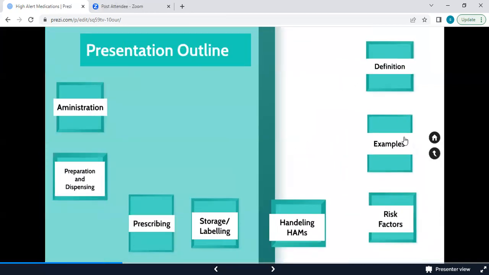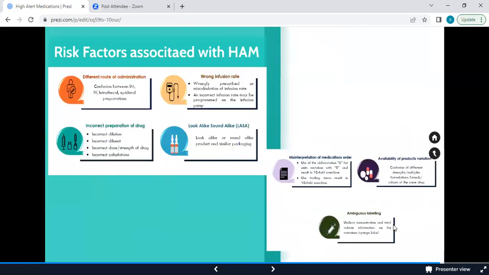So what are the risk factors? What are the factors which make high alert medications dangerous, or which contribute to causing heightened risk if these medications are used in error? We have different categories of risk factors.